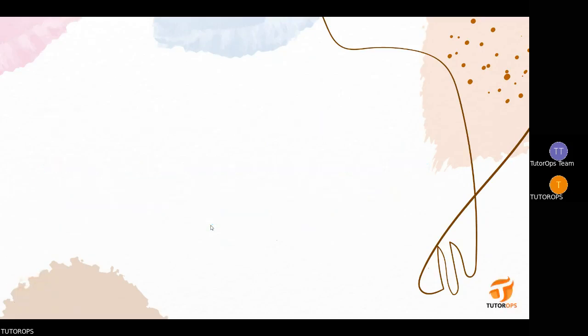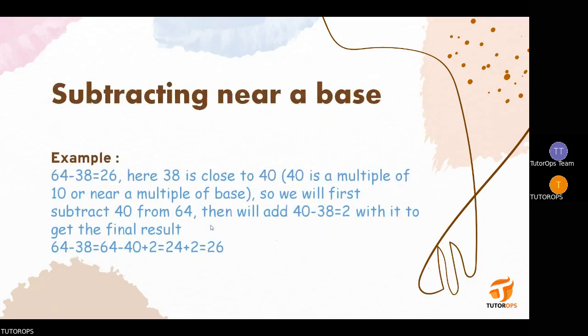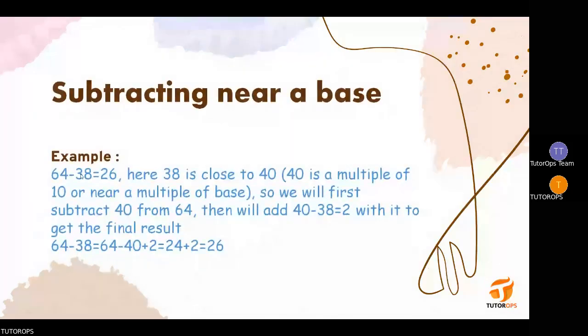Okay, so let me understand. 64 minus 38 equals 26. Here we know that 38 is close to a multiple of the base. Here the base is 10 and the multiple of the base is 4 into 10, that is 40. So we will first subtract 40 from 64.